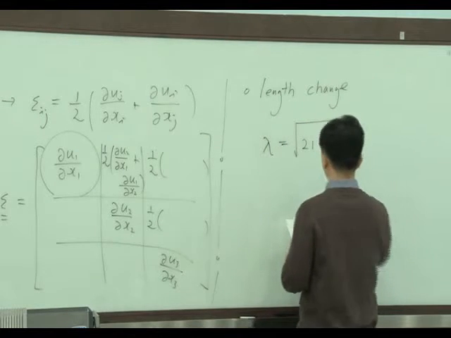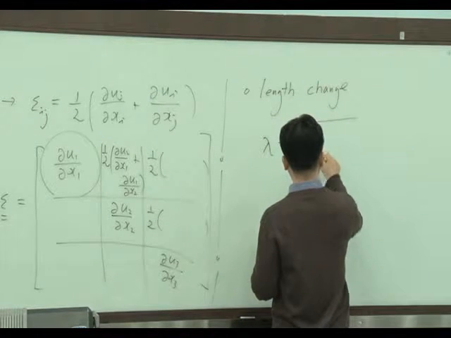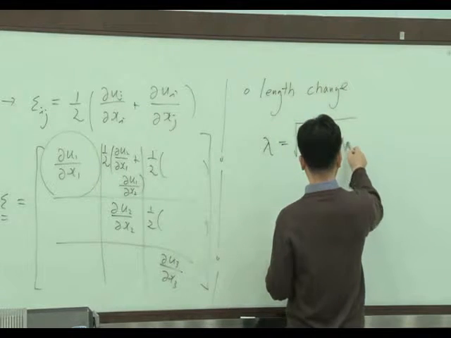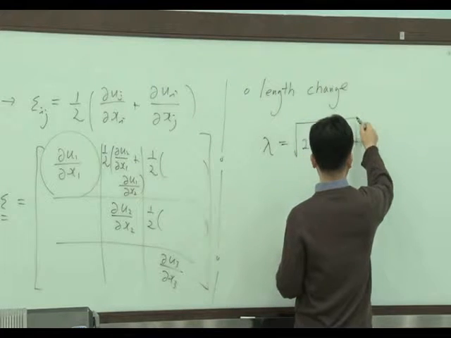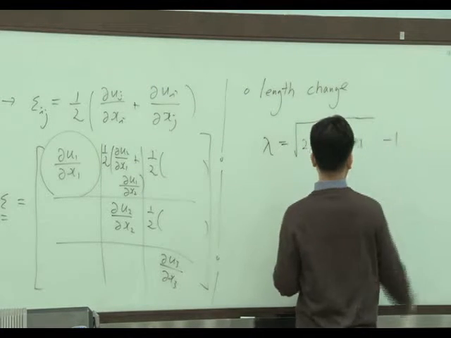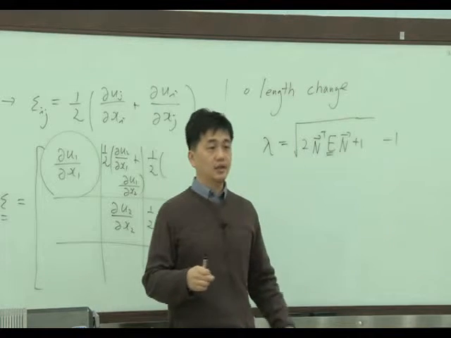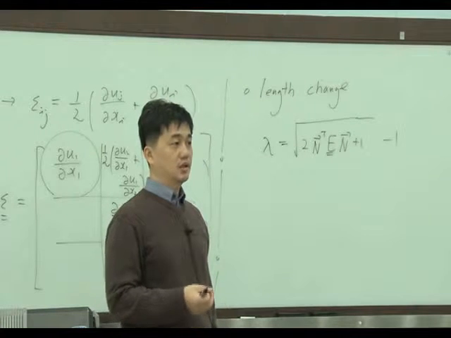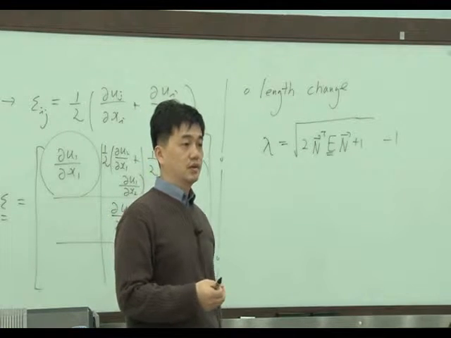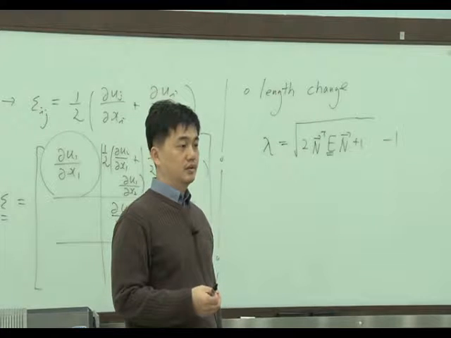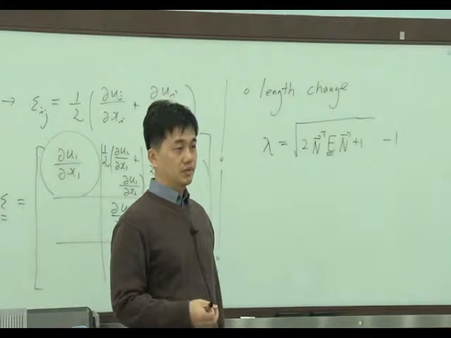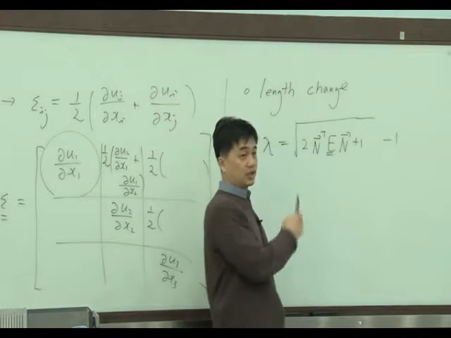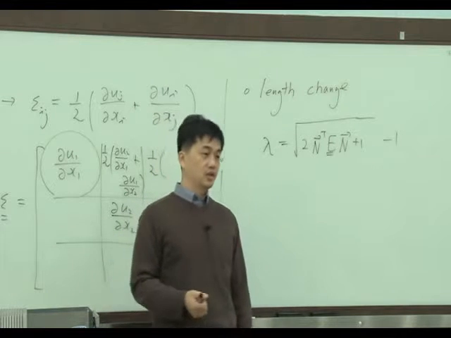The equation was like this: lambda plus 1 equals the square root of n transpose, Green-Lagrange strain tensor, n plus 1... minus 1. You remember this equation? N was the initial direction, I mean the unit vector at the initial configuration. We derived this equation maybe last week.